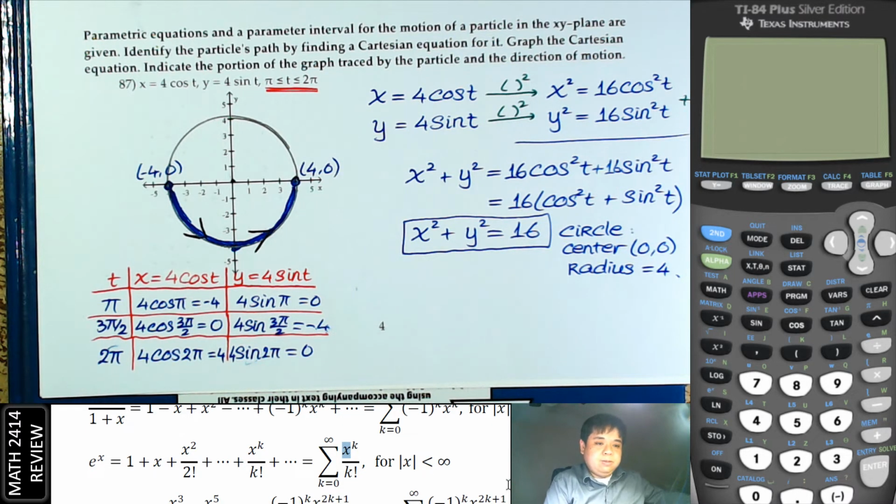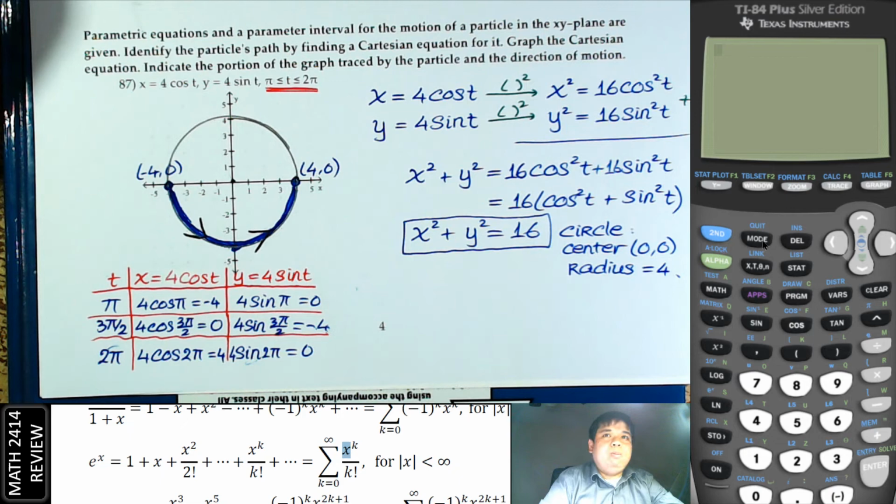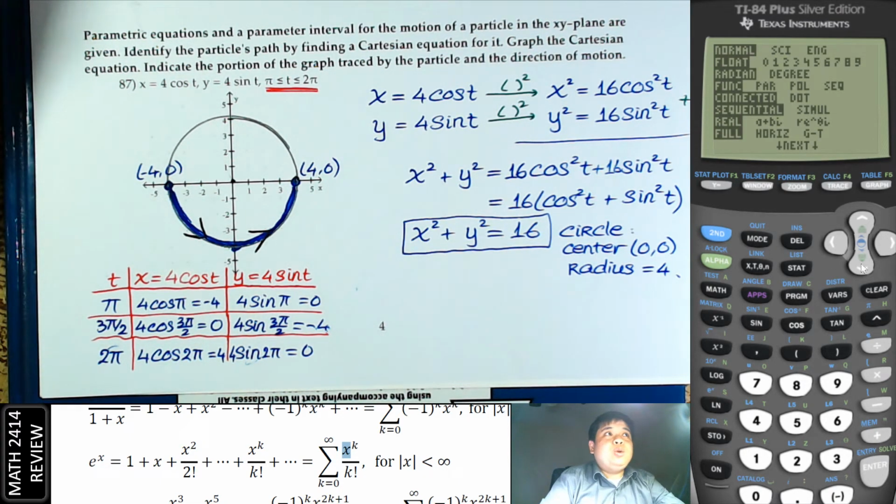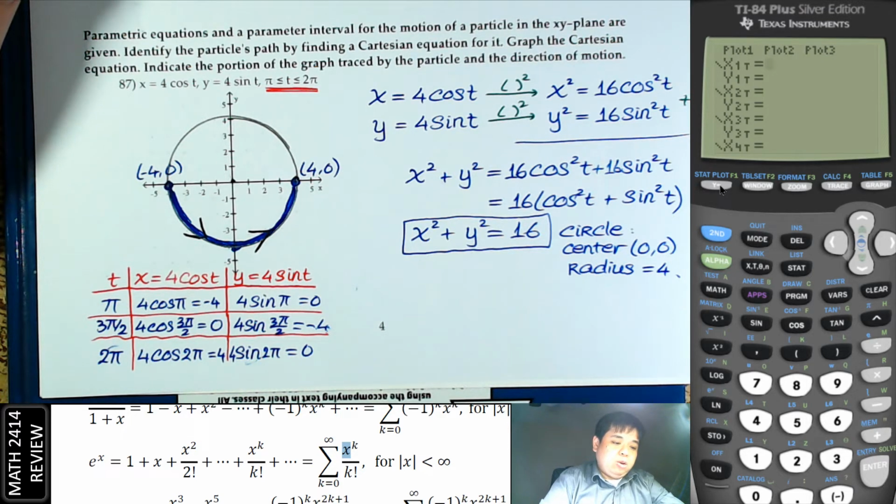We should check with the calculator. Be careful, there are a lot of different modes on the calculator. Before we use the graphing features, make sure it's in the right mode. We want to graph a parametric equation, where x equal to 4 cosine t, y equal to 4 sine t.